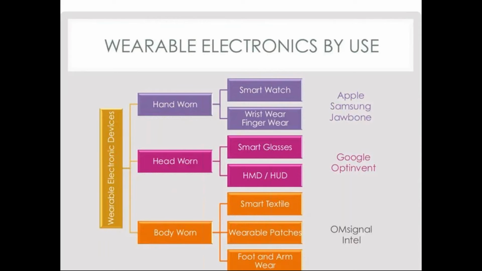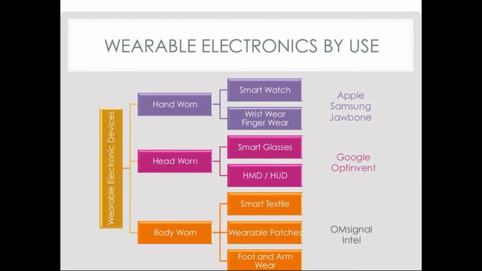Second is wearable pouches. I've shown a slide on a wearable pouch which is able to monitor the glucose of a diabetic patient. Next is foot and arm wear. So these are also being given in the market by various research laboratories, as well as initiated by Intel.